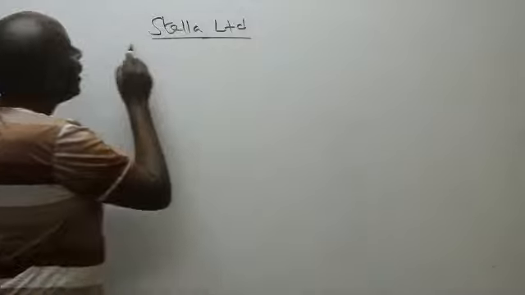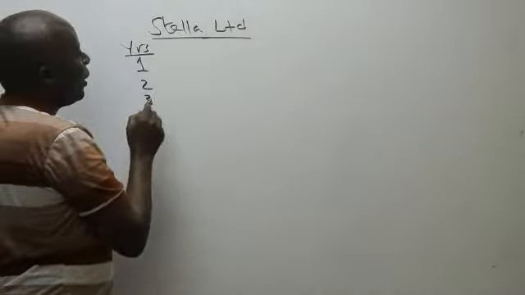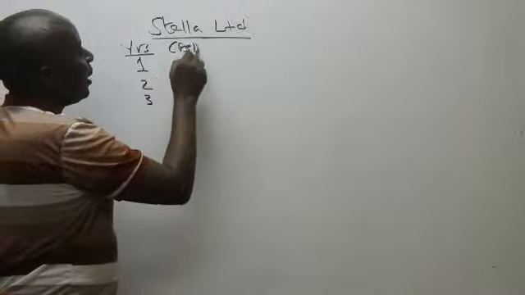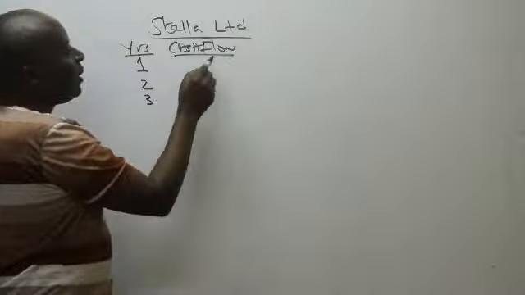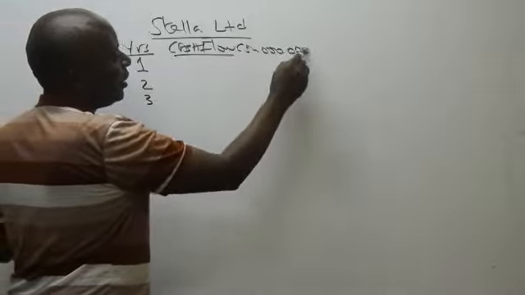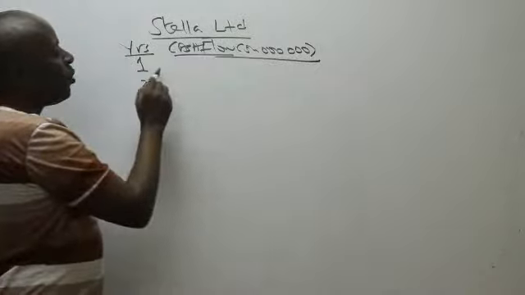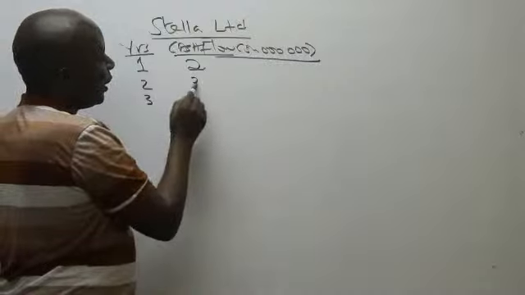Stella Limited has these cash flows. We have year 1, year 2, year 3. This lady has begun a 3-year project venture. Year number 1, in terms of shillings, Stella cannot lack money. This is the name of money. So year 1, Stella will get 2 million. Year 2, Stella will get 3 million.